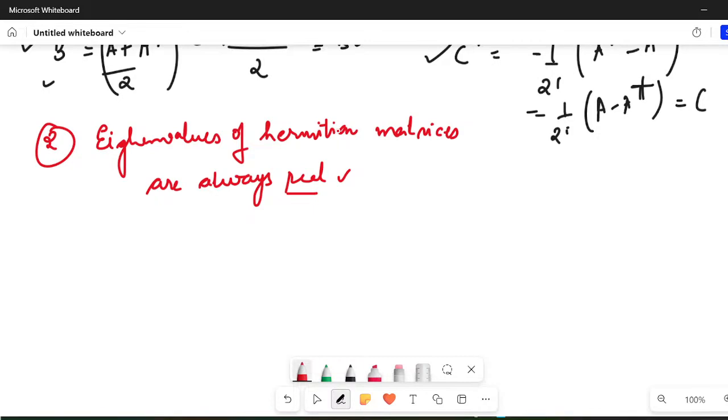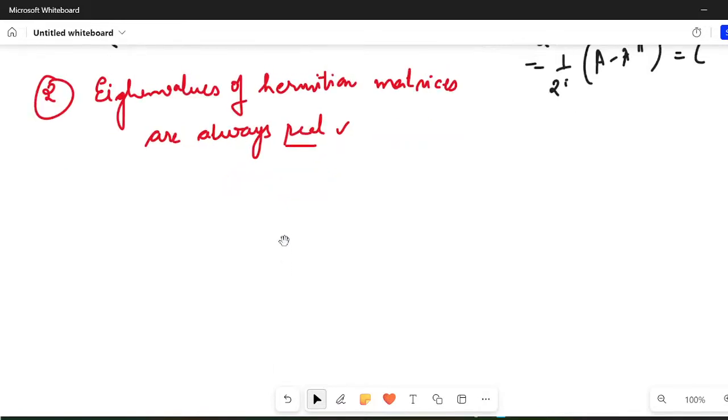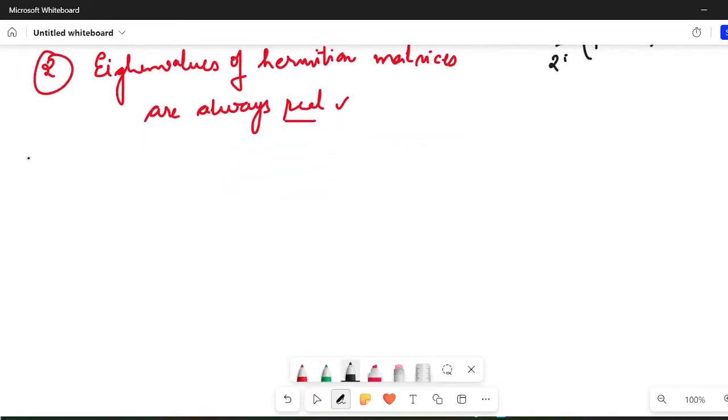So in the formulation of quantum mechanics, the operators are represented as Hermitian matrices whose eigenvalues happen to be real. And it is quite easy to see. I'm just giving you a brief proof for this.